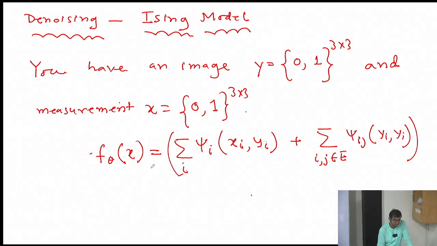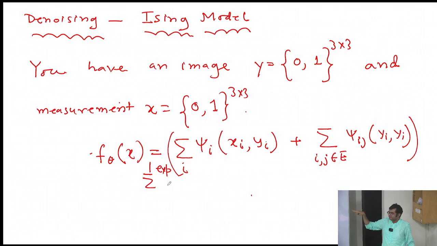Any idea what will be here? Exponential. That's what we have been doing. And before that, 1 by Z. So 1 by Z exponential of summation over i psi_i(xi, yi) plus summation over i, j belonging to E psi_ij(yi, yj).